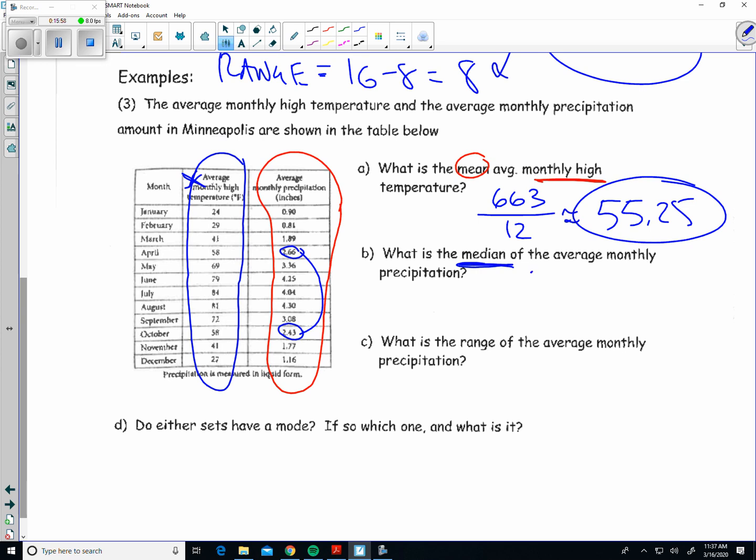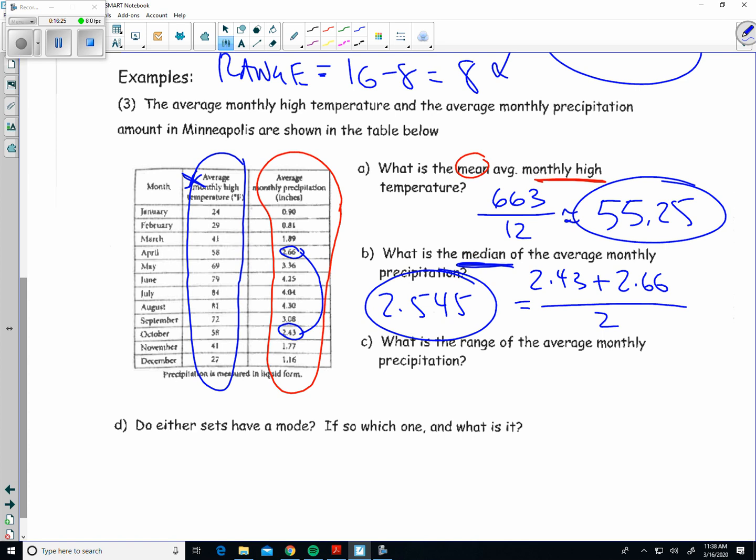So we're going to average those two numbers together, 2.43 and 2.66, and divide by 2. This would give us the median of that data, which would be about 2.545 if you carried out the 3 decimal places.